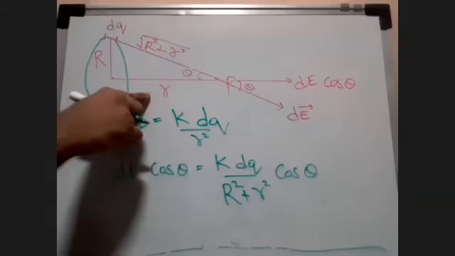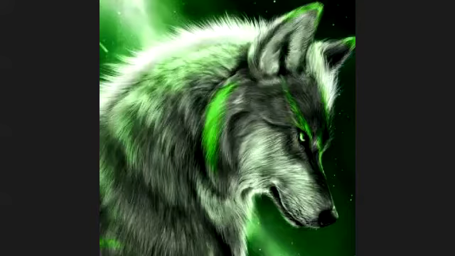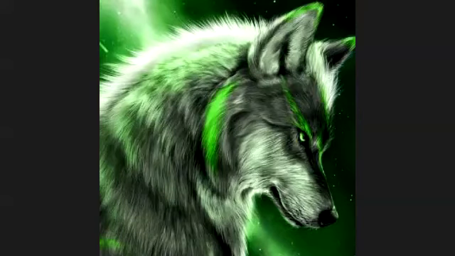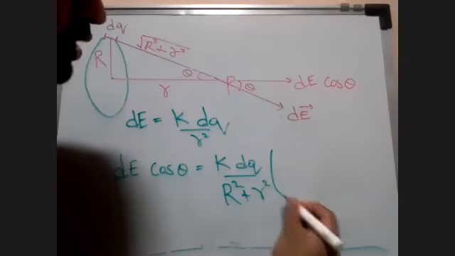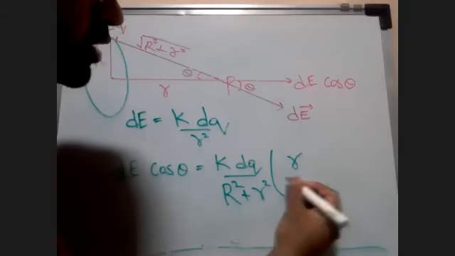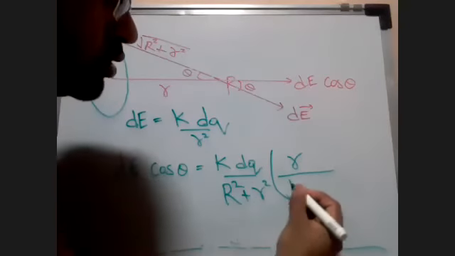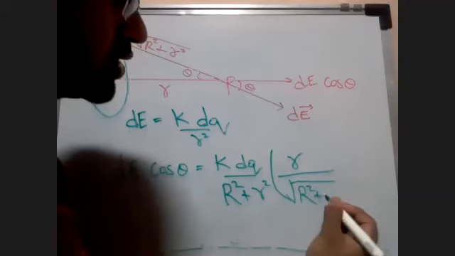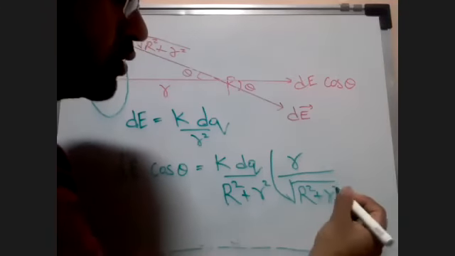Adjacent is small r, and hypotenuse is under root R square plus r square. So cos theta can be written as small r upon root of R square plus r square.